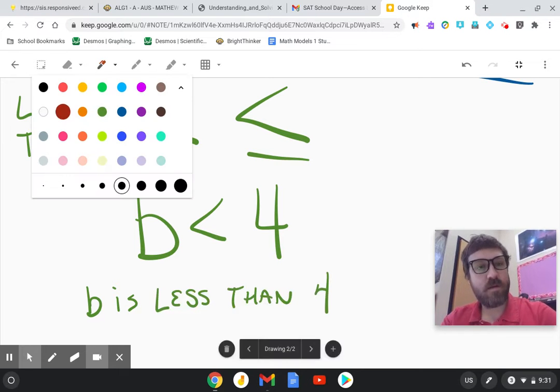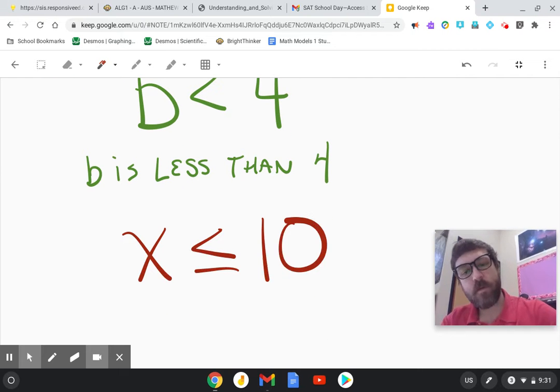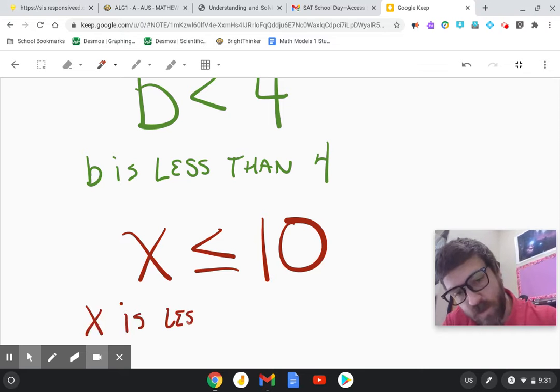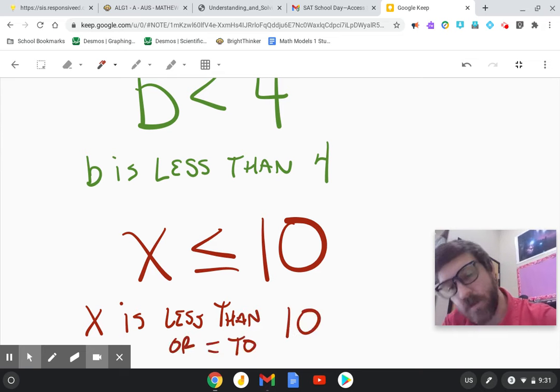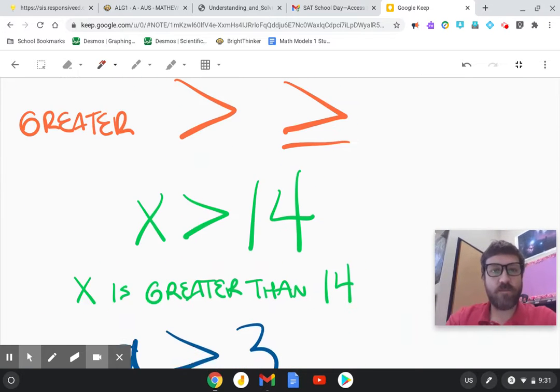Or on the other hand, if I wrote the following, X is less than or equal to 10. And so that's a summary of what these different symbols mean.